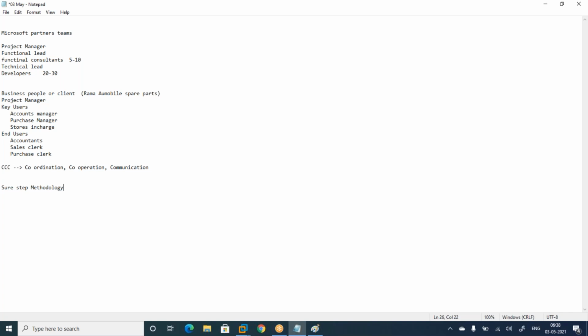It is around 300 MB or 400 MB, something. I maintained this a long time back, 4 or 5 years back. Nowadays I'm not maintaining this one. If you Google it, you will find one file, you can extract that, and go inside. Detailed explanation is given by Microsoft with sample examples and everything. There are many documents inside Sure Step methodology.